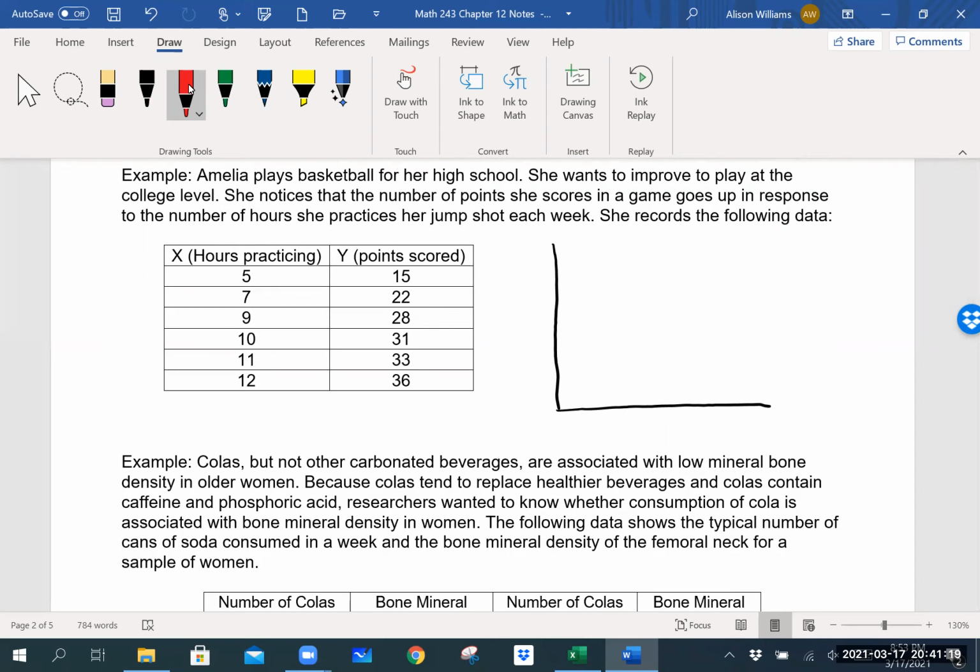The more you practice, usually the better you're going to do in a game. So hours of practicing is going to be our x-axis, and our y-axis would be the points scored.